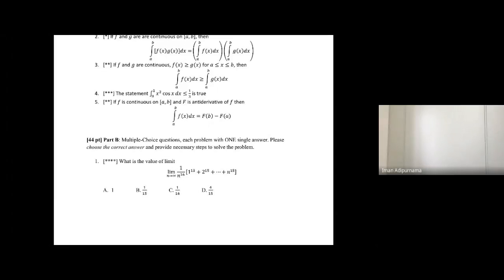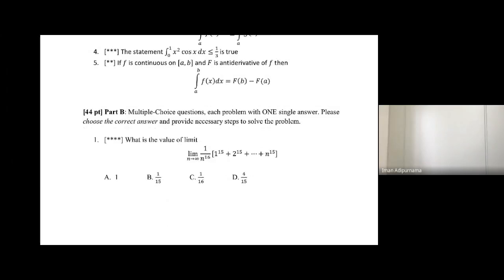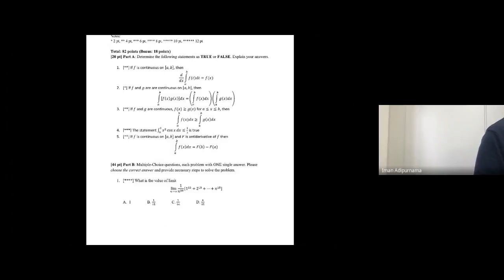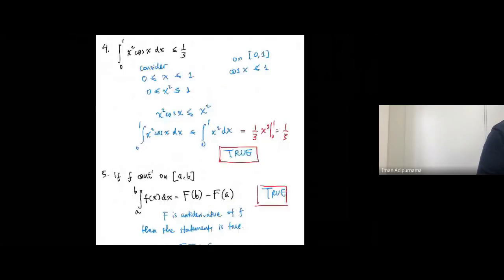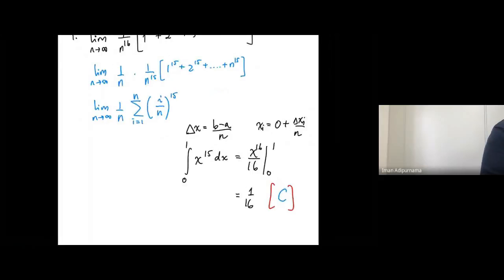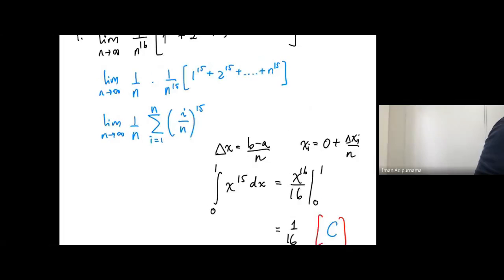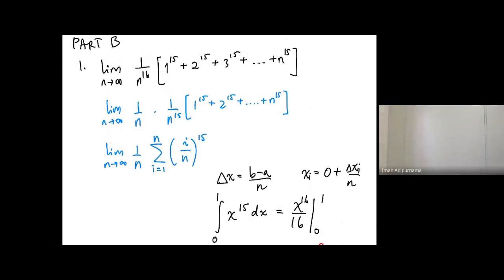Okay. What is number one, part B? C, right? So here you have 1 over n to the 16. Let me just give the answer to you. So this is what you need to write.